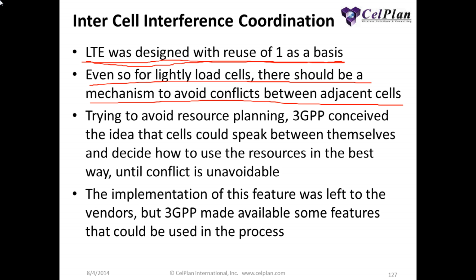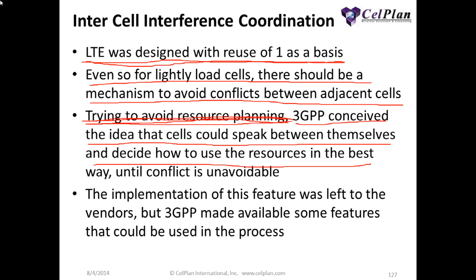It's questionable how much it can help, but the idea is to avoid resource planning and let the system try to adjust itself. The problem, as we will illustrate in the end, is that when you don't have an idea of what is happening or what is being done, conflict is unavoidable, and then you don't know how to fix it.